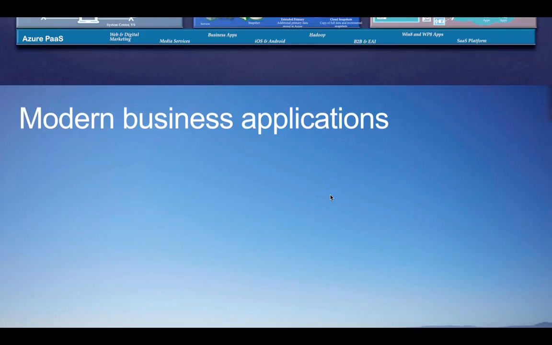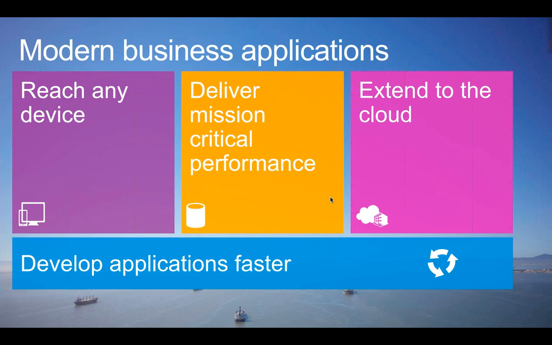So, taking it forward, our topic today is how you enable some of these modern business applications, and what we have discussed so far gives you a perspective on what we mean by modern business applications. They need to reach any device. As a strategy we call it cloud first, mobile first, but I think in reality every enterprise has this need: you need your applications to reach any device.